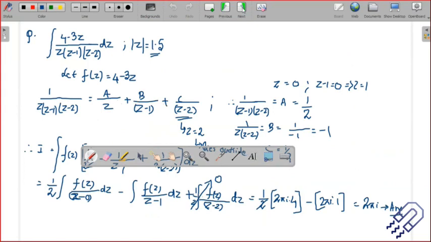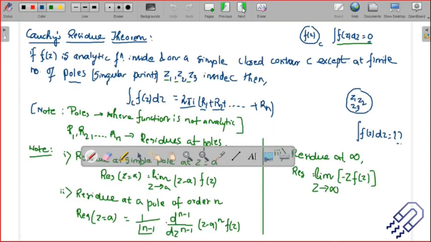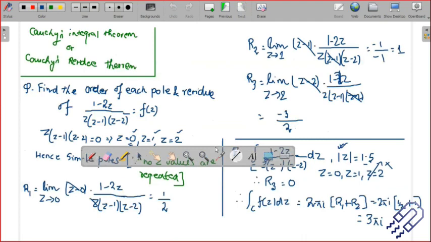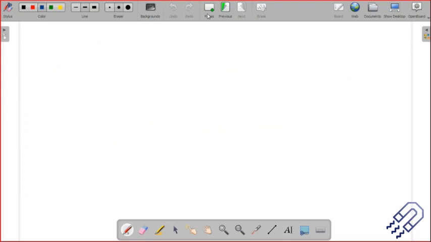Here you just have to find the residue, and if you practice, you will see that finding the residue takes much less time compared to partial fractions, or if you're solving a more complicated integration problem. That's why I'm saying the Cauchy residue theorem is very helpful. But for your exam, I will make sure I mention what method you are supposed to use, because the questions have to be evenly divided across different parts of the chapter and the syllabus.